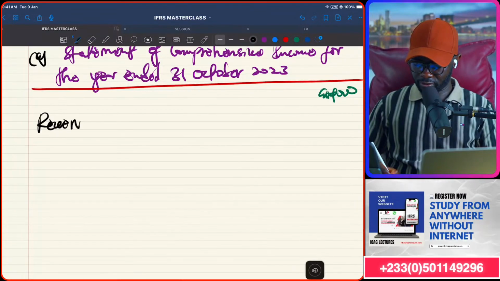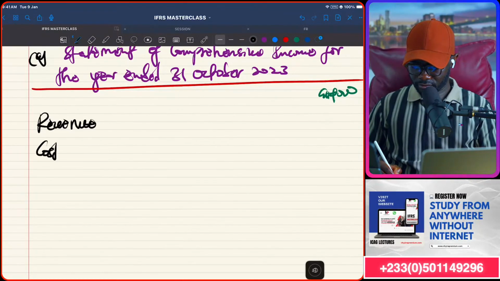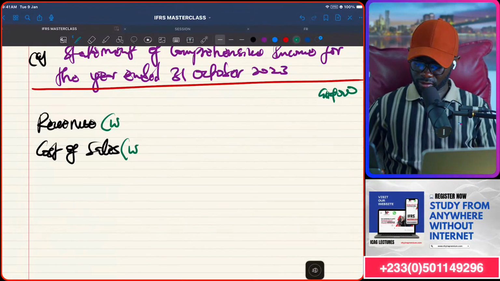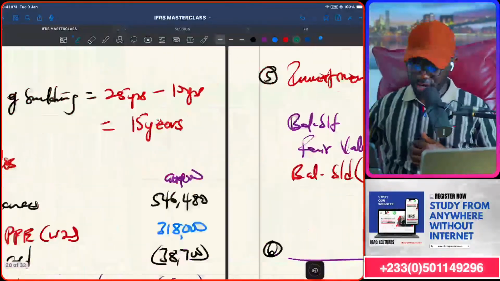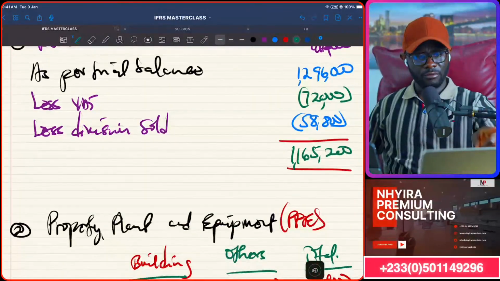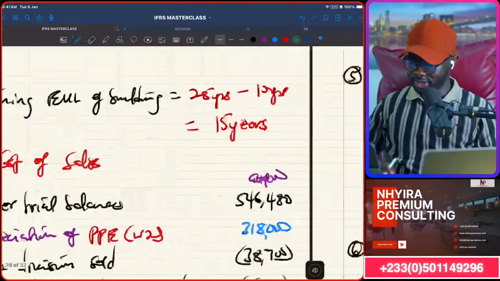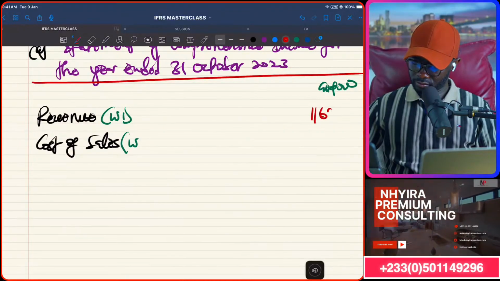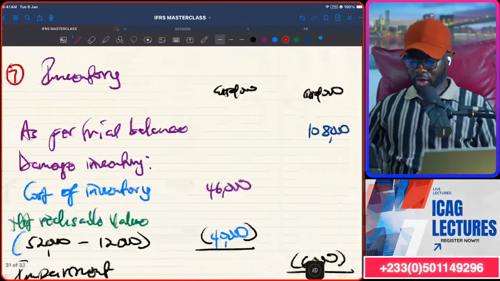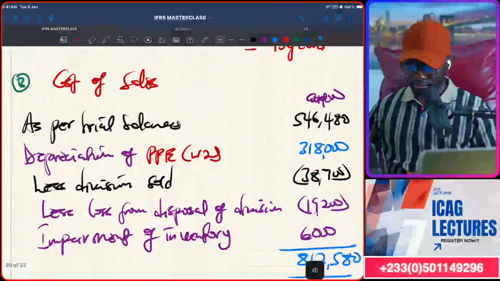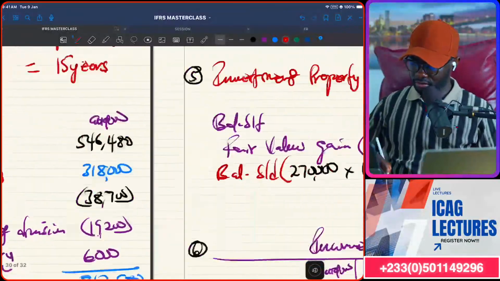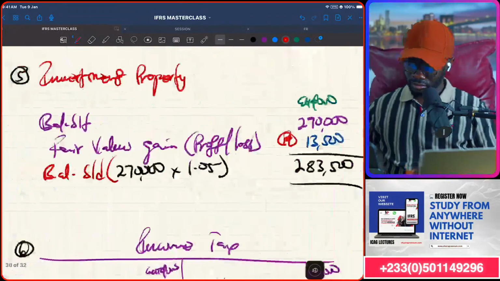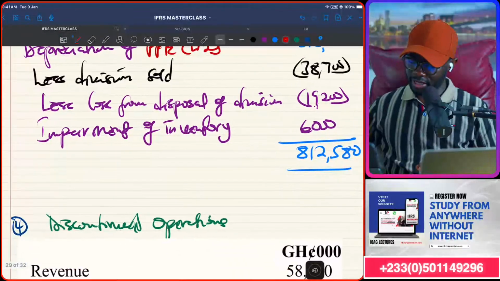We slash in our currency sign, as always. We'll have revenue. We'll have cost of sales. So we bring in the workings straight up. Revenue from workings 1, 1,165,200. Cost of sales from workings 3, and that is 812,580.